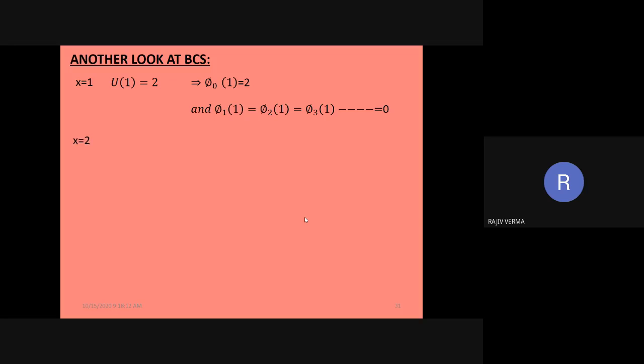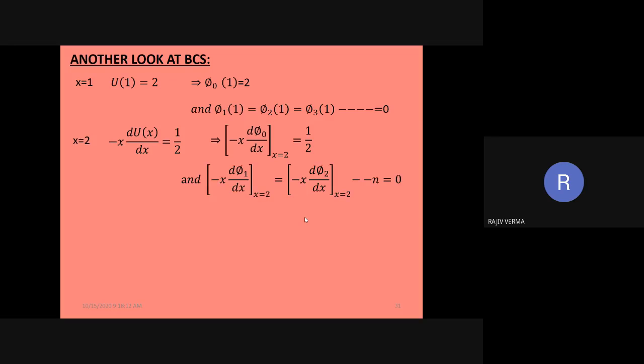The other boundary condition is at x is equal to 2, given by this expression. So the differential of phi naught multiplied by x evaluated at x is equal to 2 is equal to half, and the rest of the differentials are 0. Therefore, the boundary conditions are satisfied by phi naught itself.